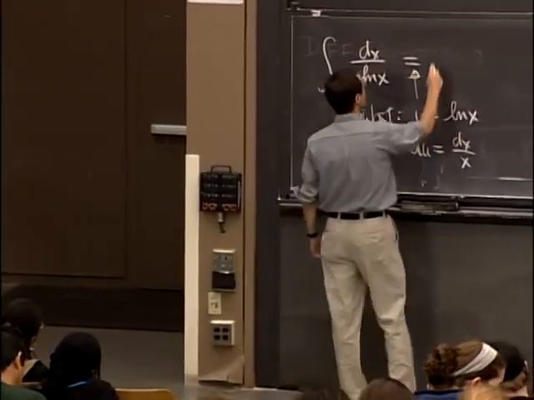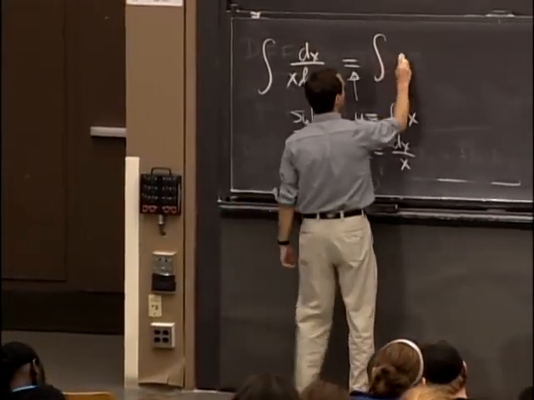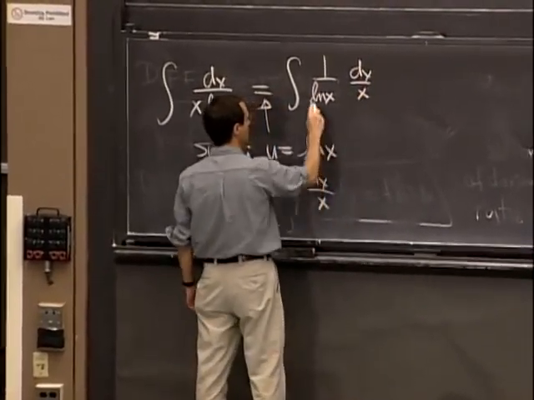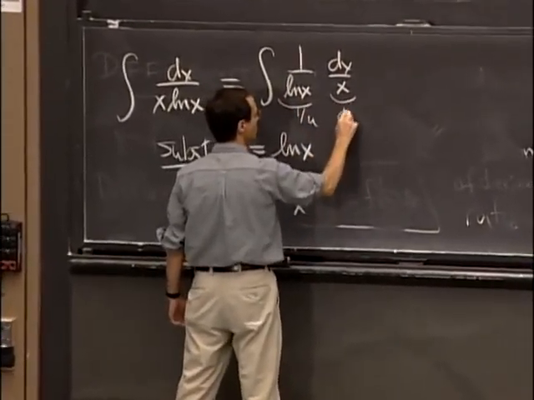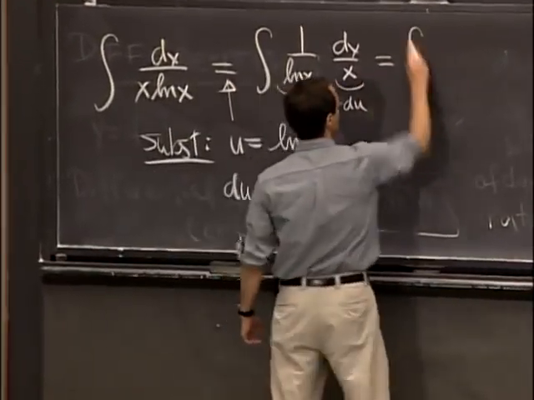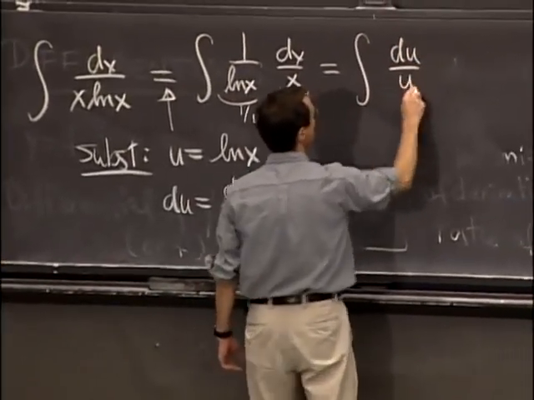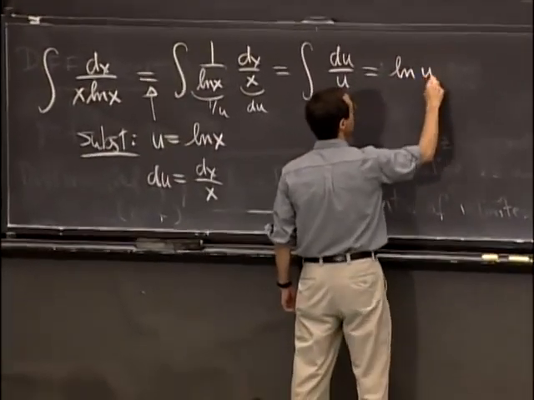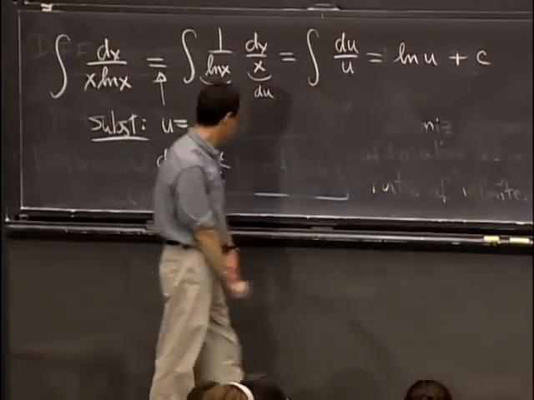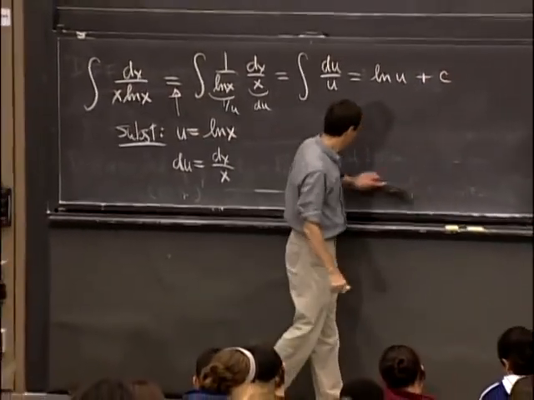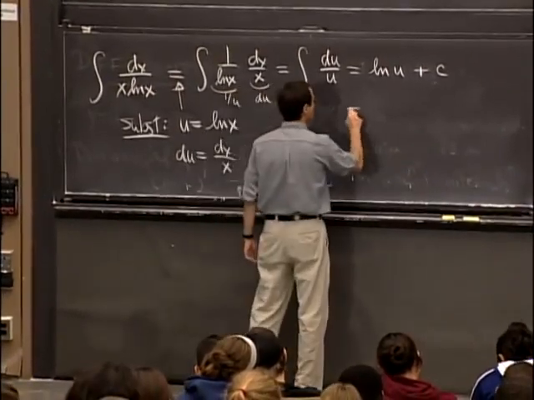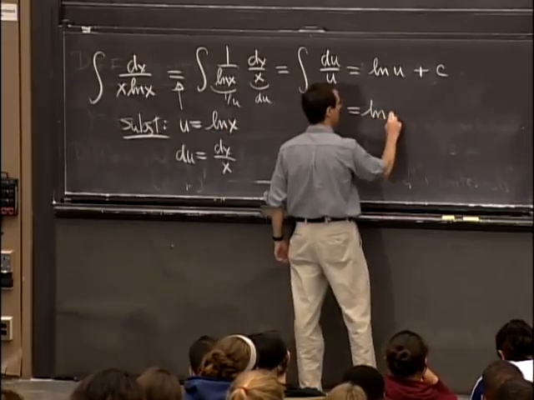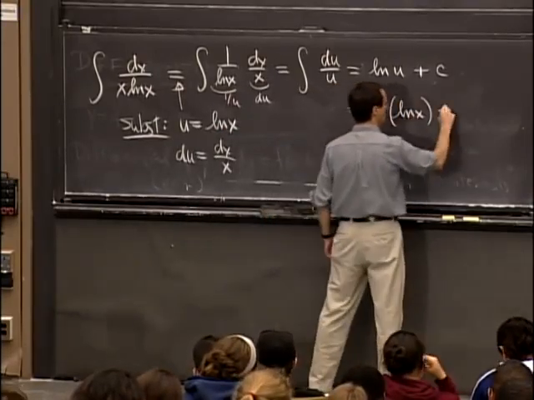And what we get is the integral of, so I'll divide the two parts here, 1 over log x, and then it's dx over x. And this part is 1 over u, and this part is du. So it's the integral of du divided by u. And that is log u plus c. Which altogether, if I put back in what u is, log log x plus c.